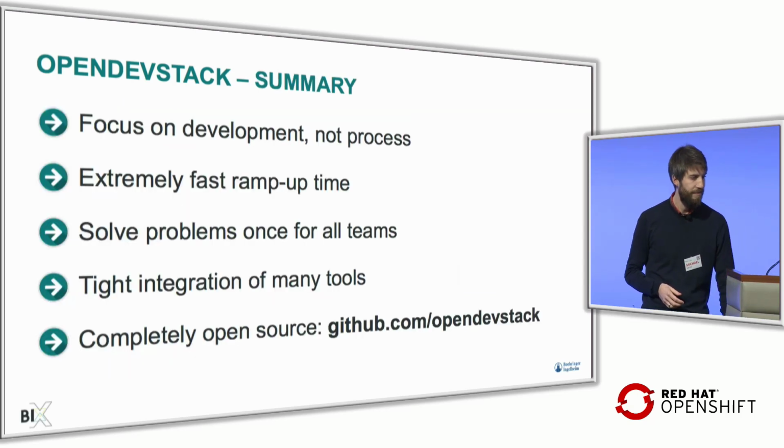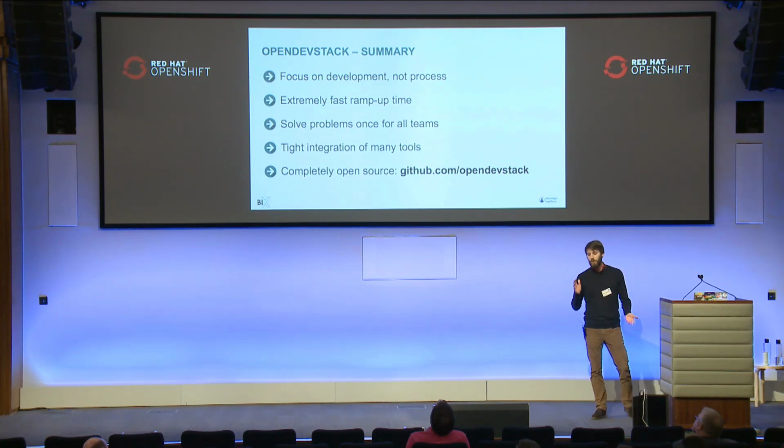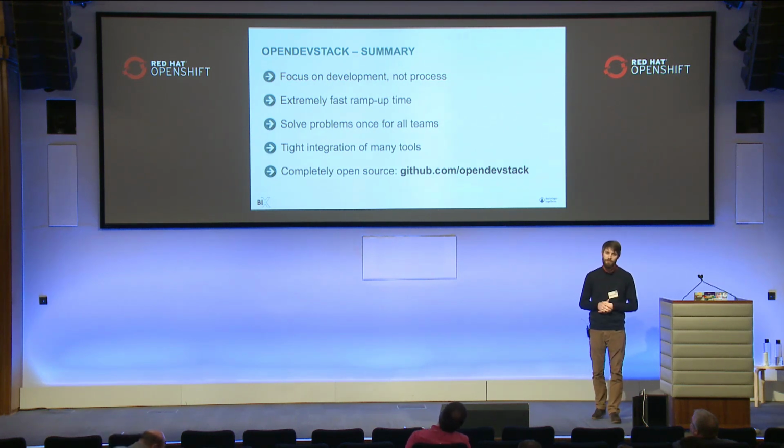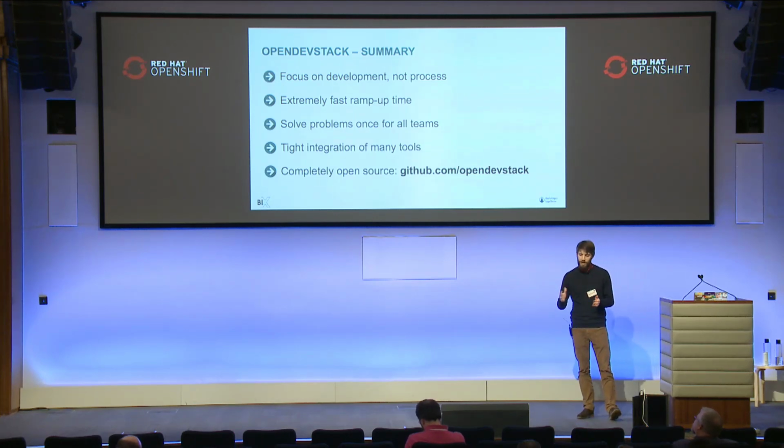So with that, a bit of a summary. With Open DevStack, you can focus on the development, not the process. There's extremely fast ramp-up time. If you have lots of projects or initiatives in your organization, that's a nice tool to have. We try with it to solve the problems once for all the teams. So if there is some kind of glitch, we solve it once.